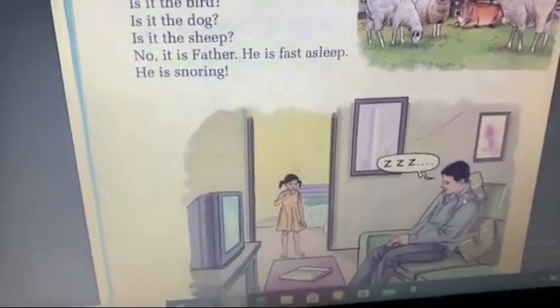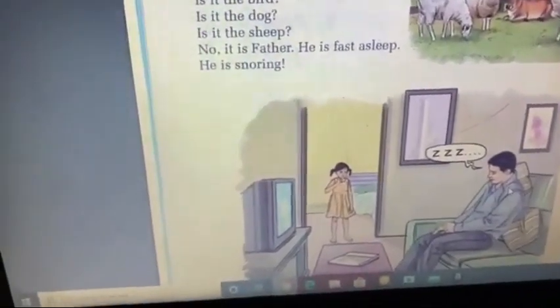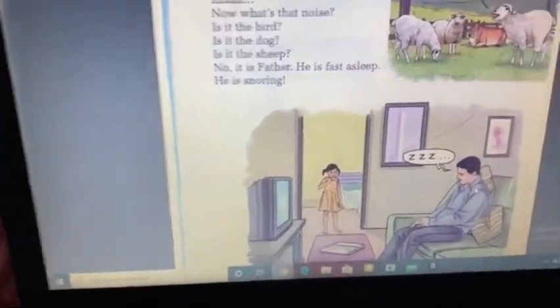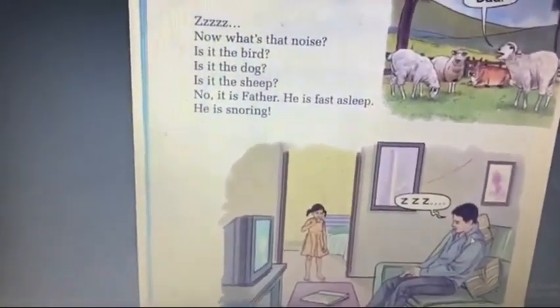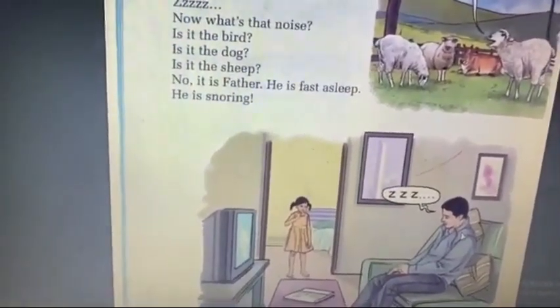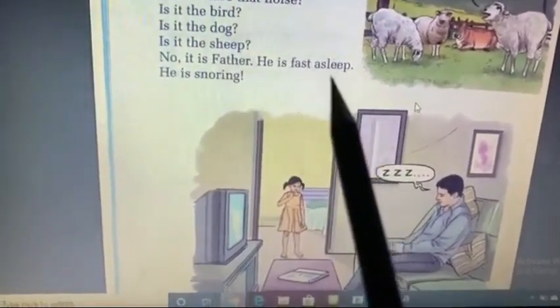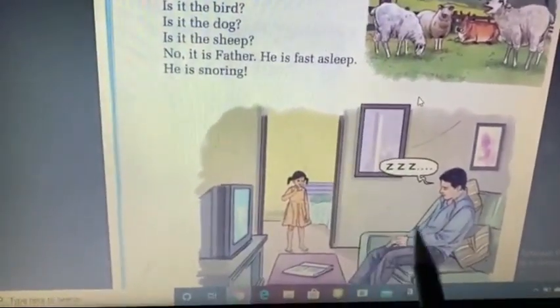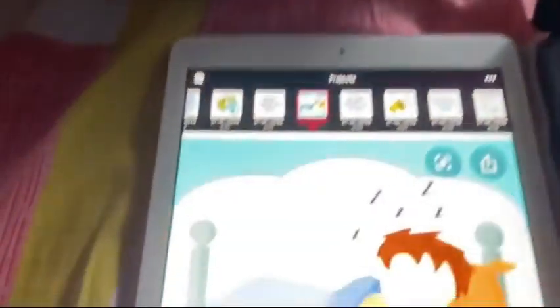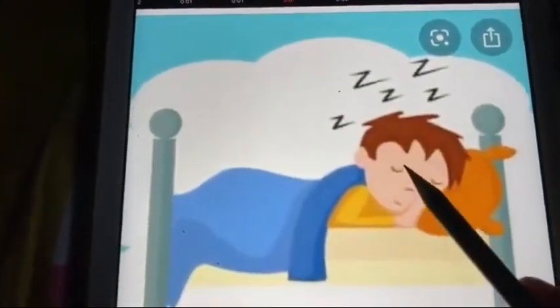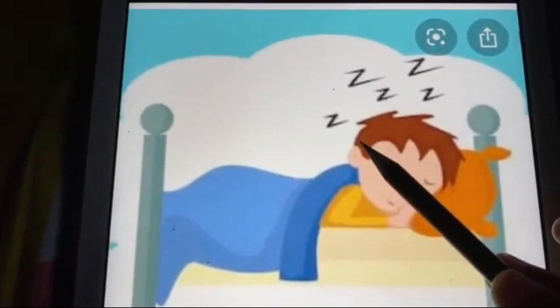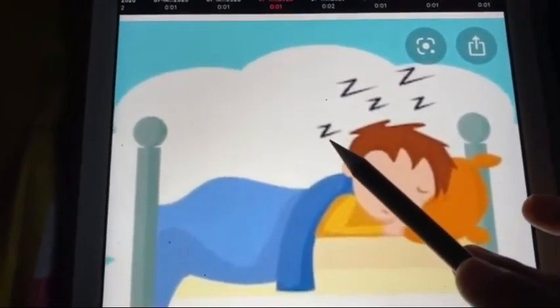Now what is this sound? Children, this sound we are going to discuss. He is fast asleep. Now let's see, what do we mean by sleep? Look here, this boy is also sleeping and the same z sound is coming from the boy.